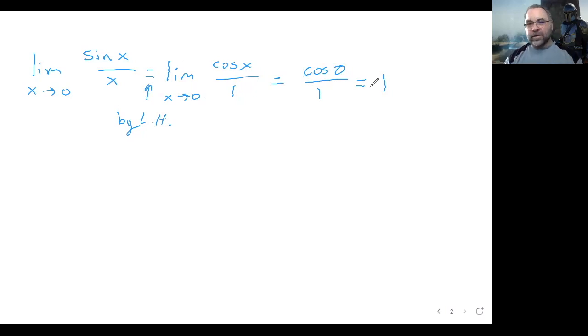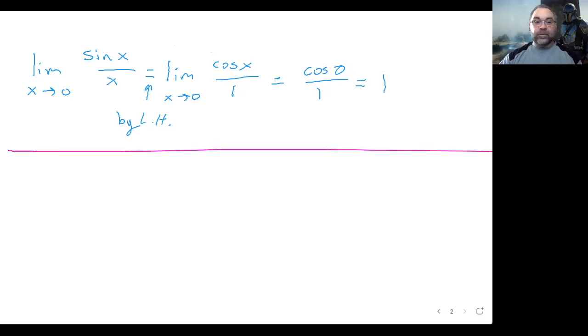Rather than mess around with that squeeze theorem, we can just apply L'Hopital's rule and get through our problem quite nicely. Sound good? Pretty cool, right? It's super fancy, and it's super easy. And it's a lot quicker than the old way we were doing it, right?